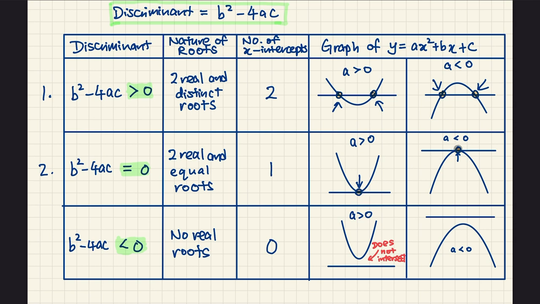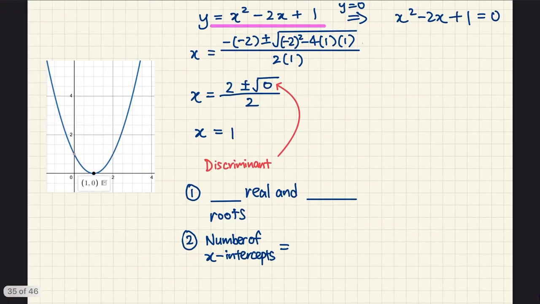We will look at one example as well, where we have y equals x squared minus 2x plus 1. Again, if we set y equals 0 and solve the quadratic equation, we can see here that we only obtain the answer x equals 1. If you zoom in to the part where I'm looking for the discriminant, which is inside the square root, the b squared minus 4ac actually gets me a 0.